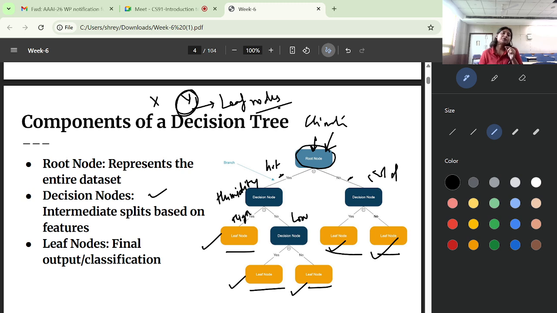Secondly, we have to decide how we should split these x values. This x has multiple features, so how are you going to split it, and the most important feature will be treated as the root node. You have to decide which values to take. This is the major question, and the main algorithmic part of the decision tree lies in this splitting.